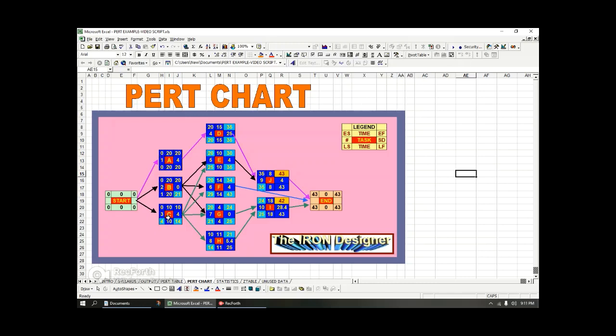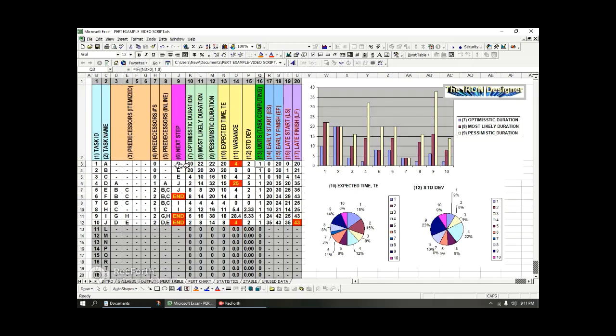Now, early start on A, early start on B, early start on C, they're all at 0. They're at the moment of start. The duration of A is 20, B is 20, and C is 10. That confirms these.